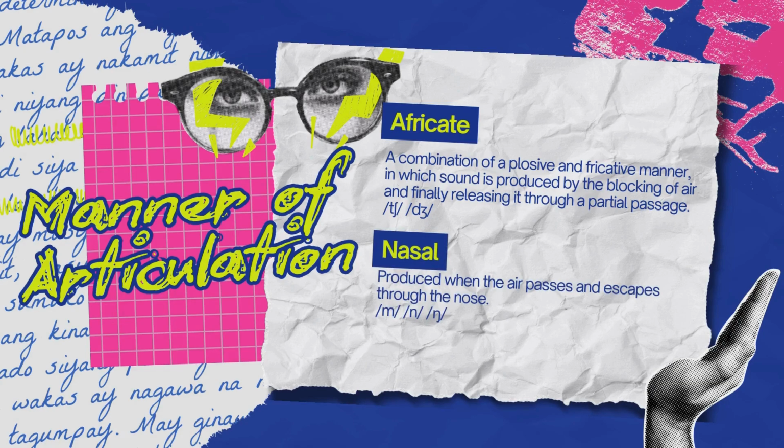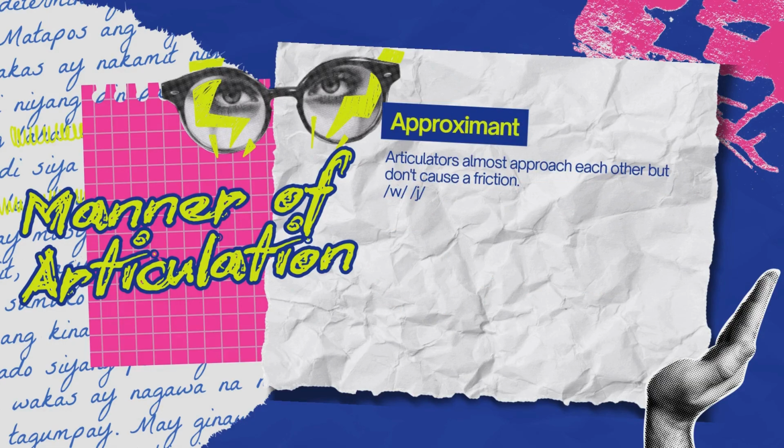Next, we have nasal, which is produced when the air passes and escapes through the nose. For example, m, n, and ng. Next, there is approximant, which is when the articulators almost approach each other but don't cause friction. For example, like w and y.